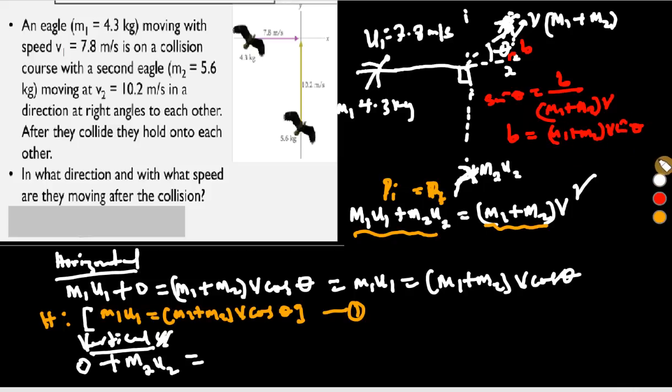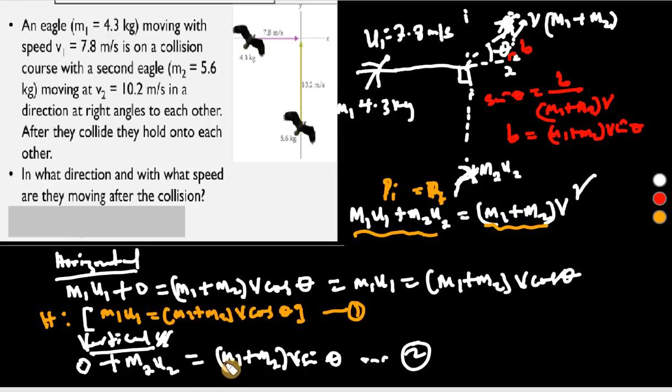So after collision, the vertical component of the momentum will be (m1 plus m2) v sine theta. We can call this equation 2. So this is the horizontal component and this is the vertical component.